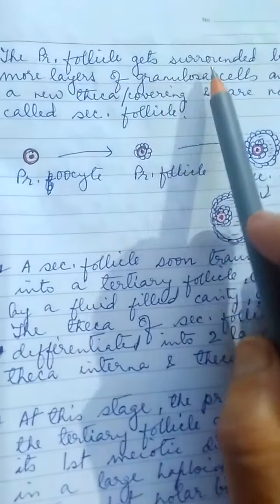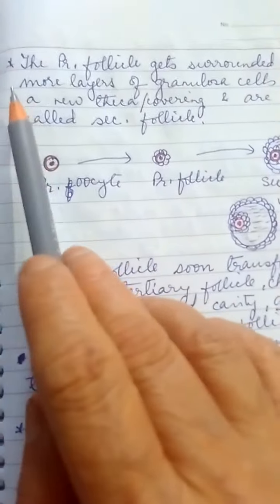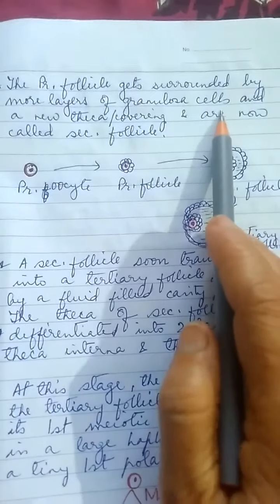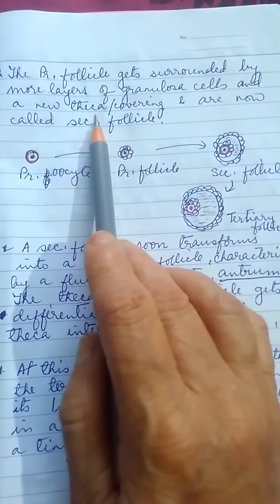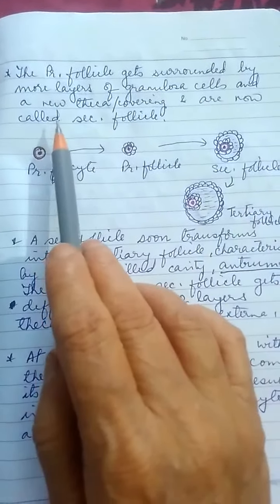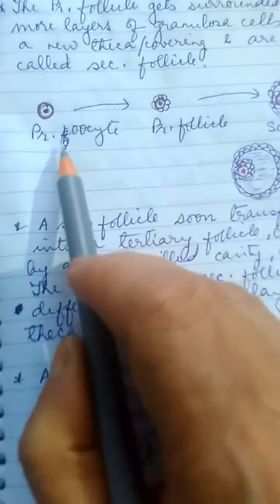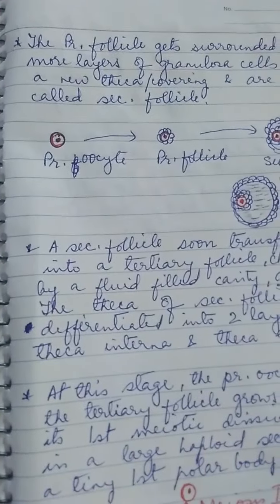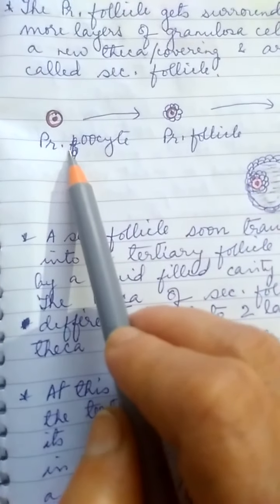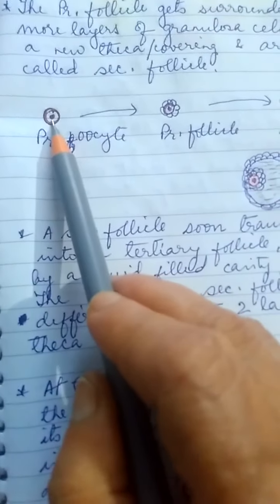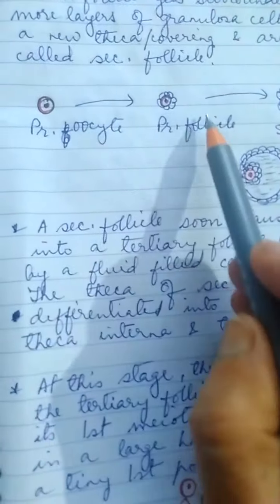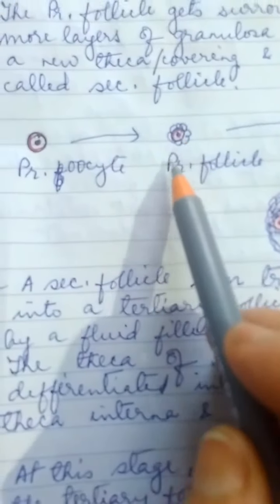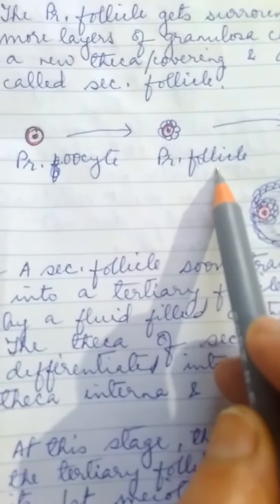Now, each primary follicle gets surrounded by some more layers of granulosa cells and a new covering called theca, and this structure so formed is called a secondary follicle. Once again, let us continue with the same diagram. The primary oocyte is a single cell structure where meiosis 1 has stopped at prophase 1. When it gets surrounded by a layer of granulosa cells, it is called a primary follicle.